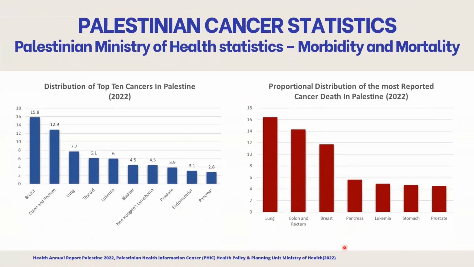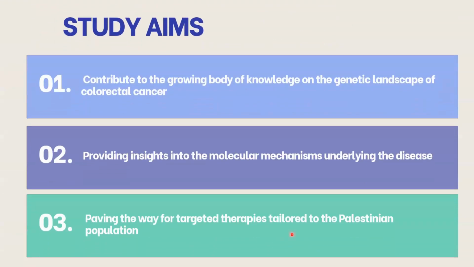In Palestine, these are the Palestinian Ministry of Health statistics. In 2022, they also mirror the WHO findings, where colorectal cancer comes in second place and lung cancer comes in third place of the most common cancers, which also are the top two cancers that cause morbidity and mortality in the Palestinian population.